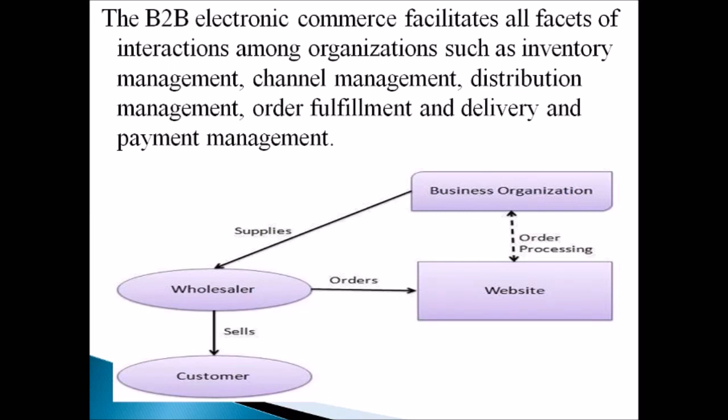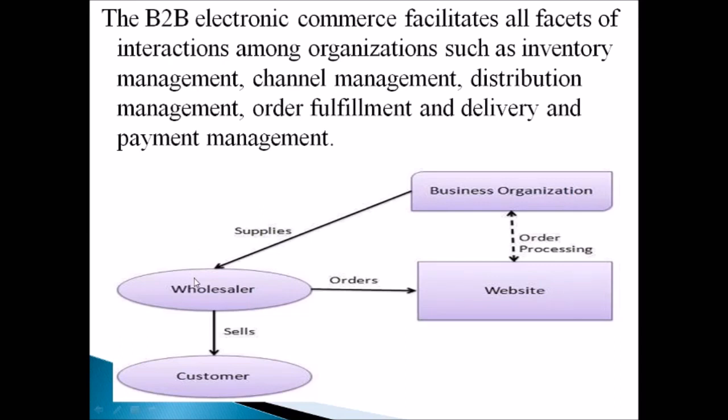So now a business to business transaction is given here in a diagram. That is, how the interactions will be from one business to another business. Here wholesalers are going to order through the website and it will reach the business organization. Then the order will be processed. Then the ordered product will be supplied to the wholesaler.